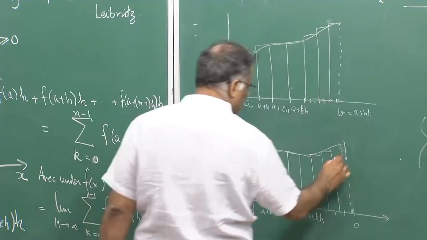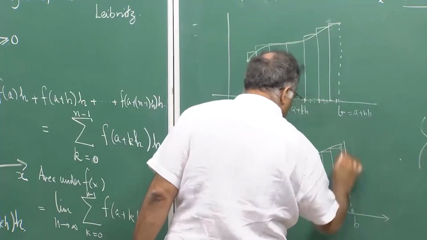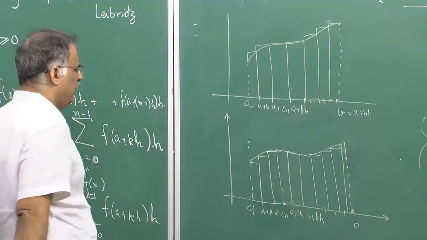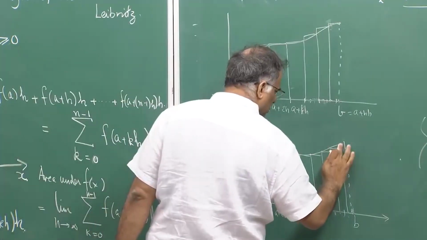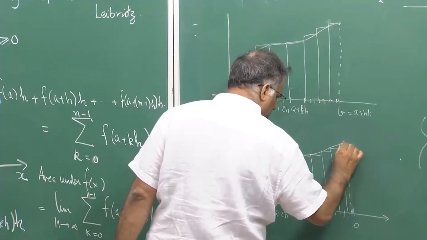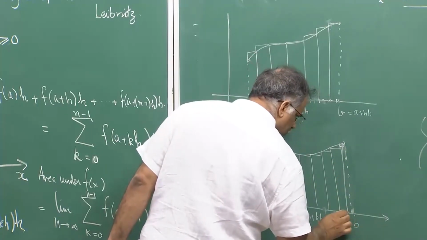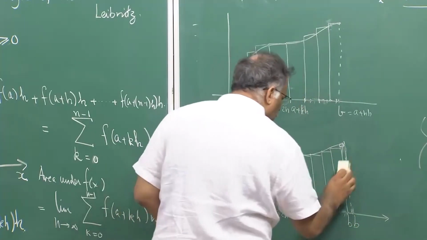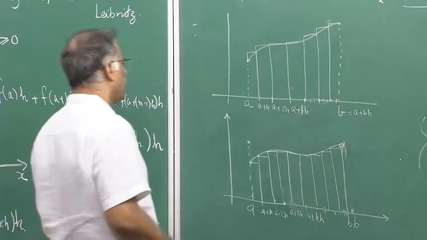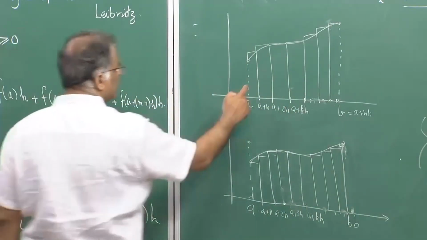Now what are these final integrals basically? Maybe this line should be b. So how do I calculate the area of this?